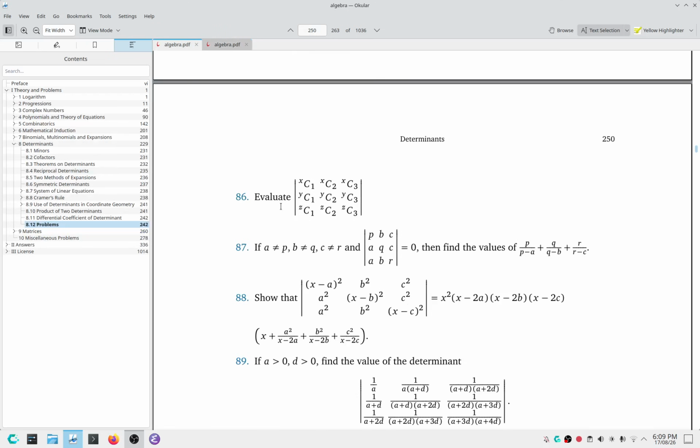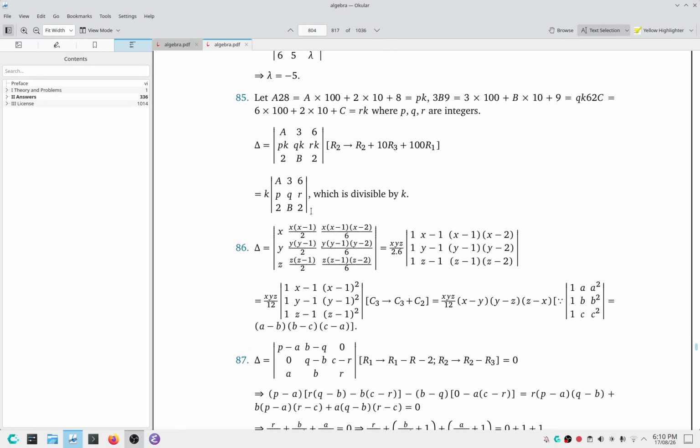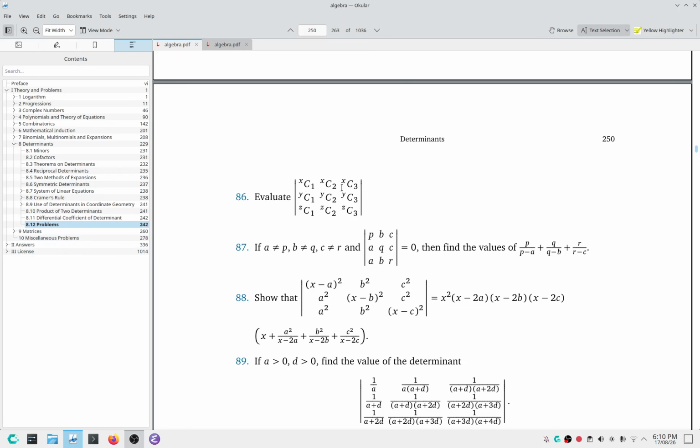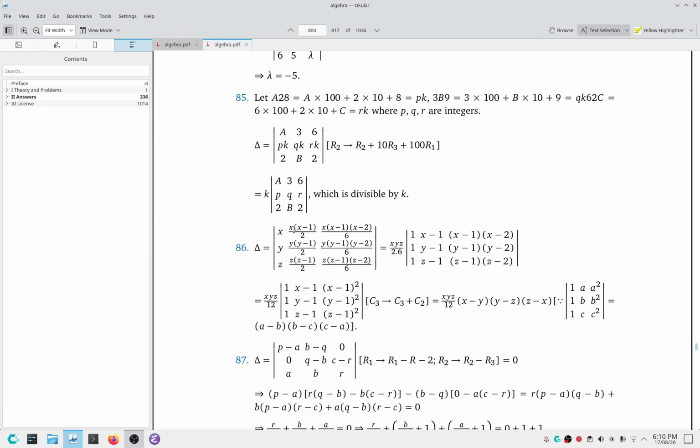Question 86 says: evaluate the determinant with rows xC1, xC2, xC3; yC1, yC2, yC3; zC1, zC2, zC3. So we expand this: xC1, xC2, and xC3. We get x, x minus 1 upon 2, x minus 1 times x minus 2 over 6. And similarly for y and z.